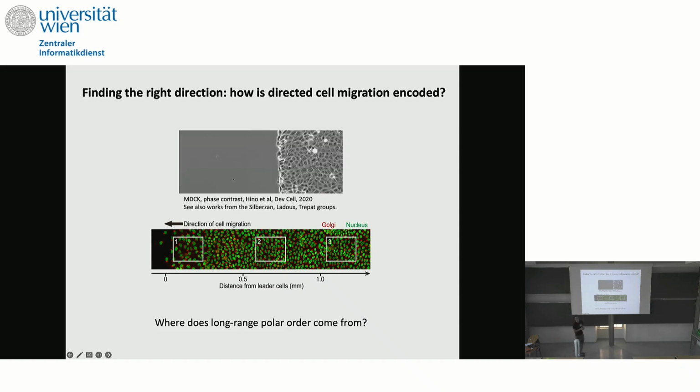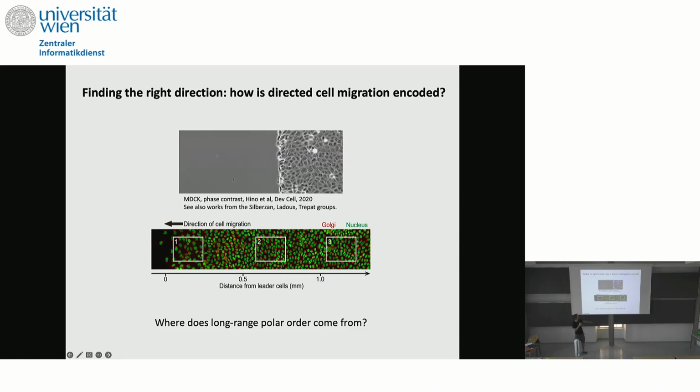So we have a paper on this from a few years ago actually. What we think is going on is essentially waves. There are mechanochemical waves happening in this. If you look at density or different signaling molecules, there are waves that go from the back to the front. It's a paper by Blanch-Mercader et al. from 2020.